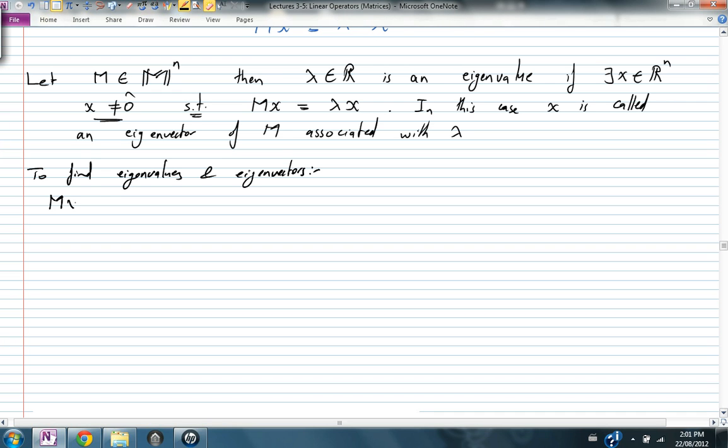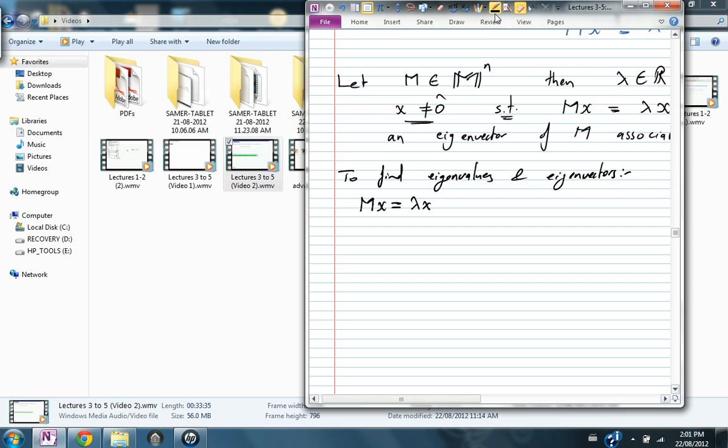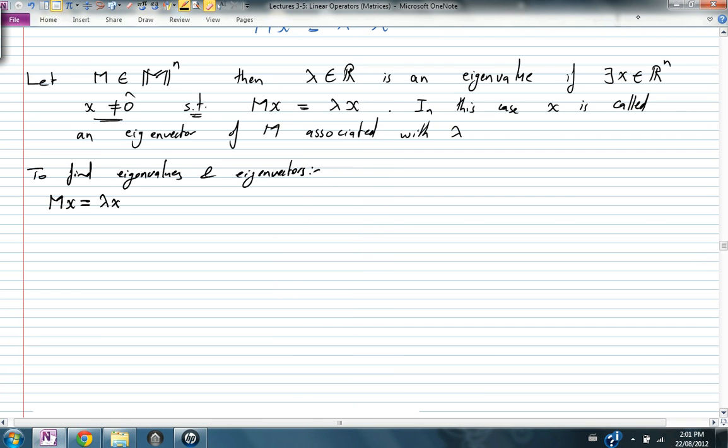I would like Mx minus lambda x, or Mx, to be equal to lambda x, or Mx, this vector, minus the new vector is equal to the 0 vector, which means M minus lambda identity matrix multiplied by the vector x is equal to the 0 vector.